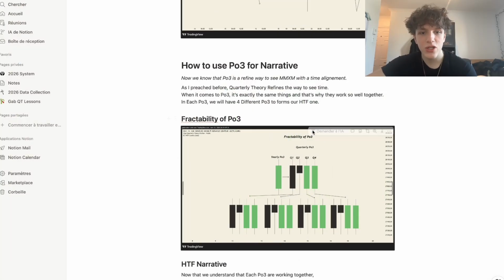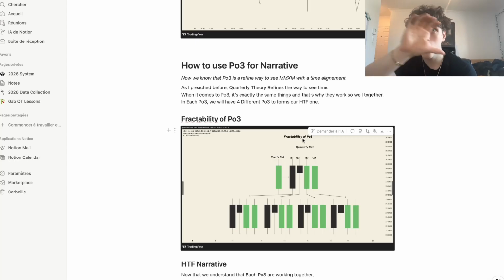So it's just an understanding of how fractal power of 3s really are. Once you understand that your yearly power of 3 is expanding higher because the quarterly power of 3 already manipulated, you will probably expect your monthly power of 3 to continue the distribution of your quarterly, to continue the distribution of your yearly. Same thing for weekly, and same thing for daily.